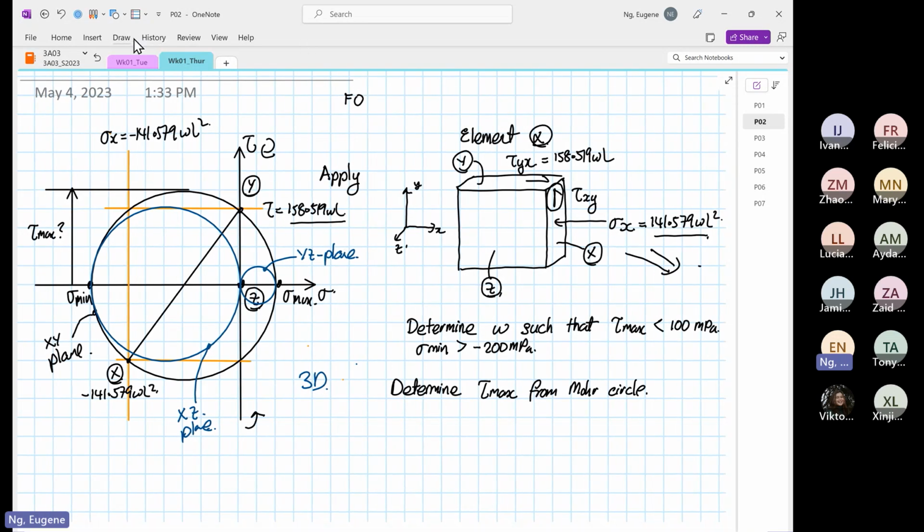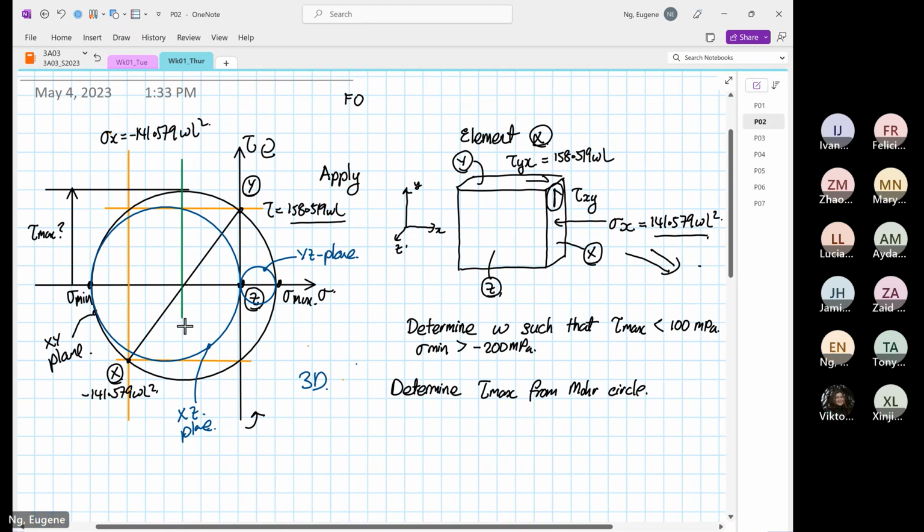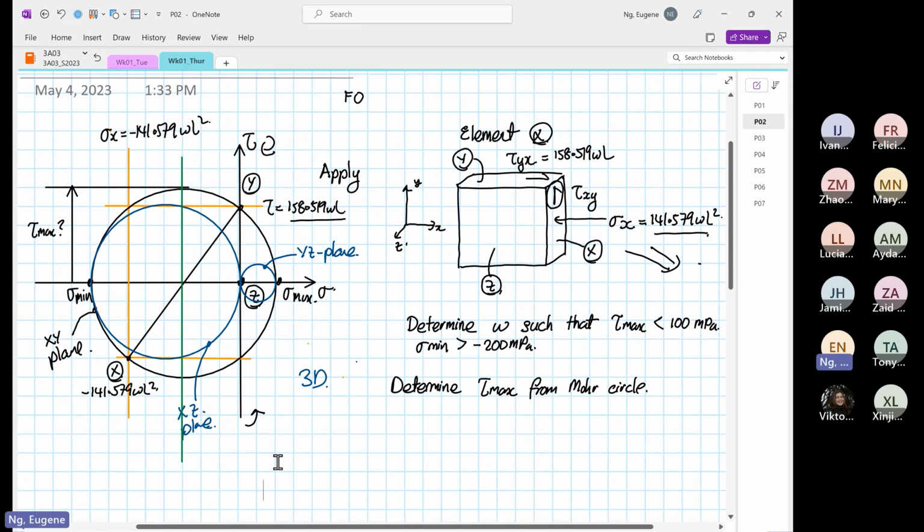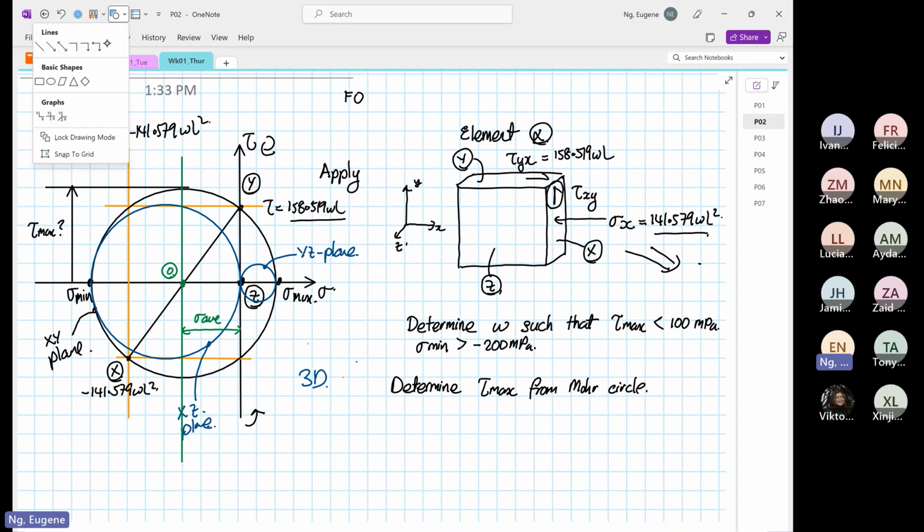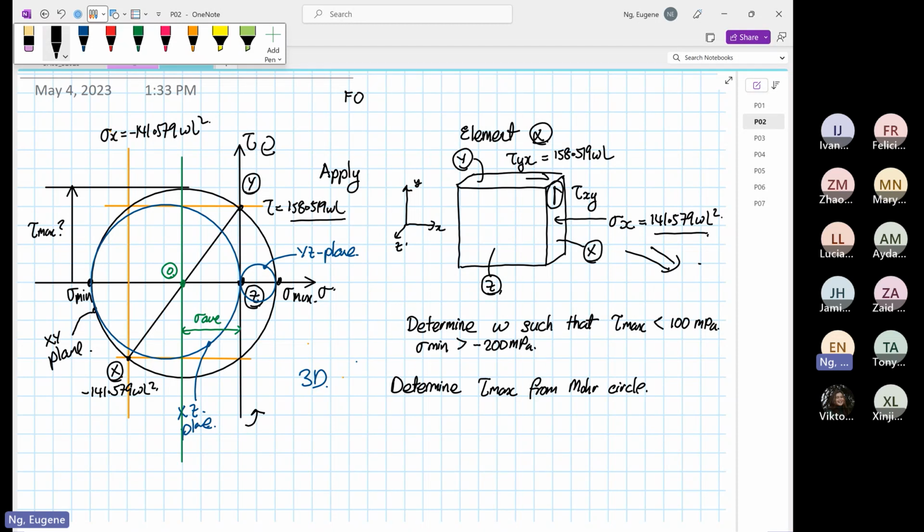There's a line over here which I'm going to sketch, and this line is known as our stress average line. The distance from 0 to where the green line is, which is the center of the circle, is our stress average, and this point is the center of the biggest circle. Stress average is really straightforward when we learn Mohr circle.